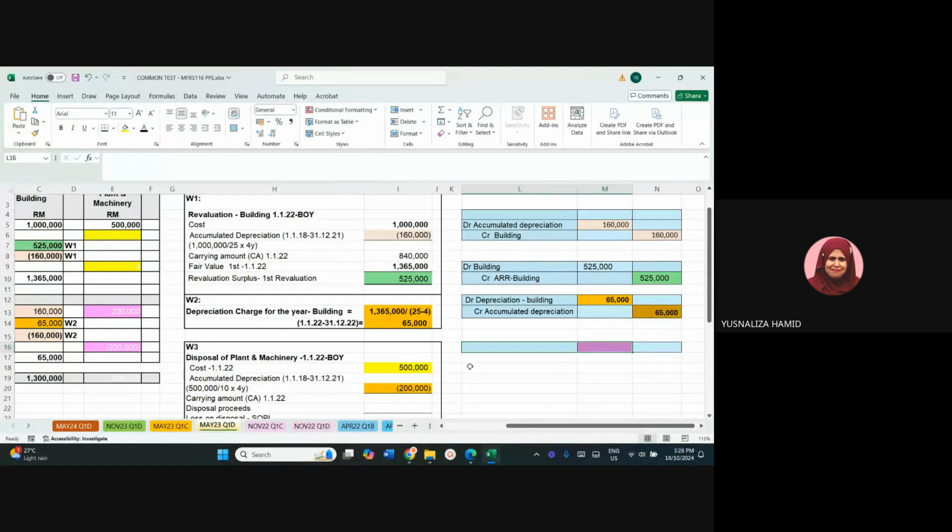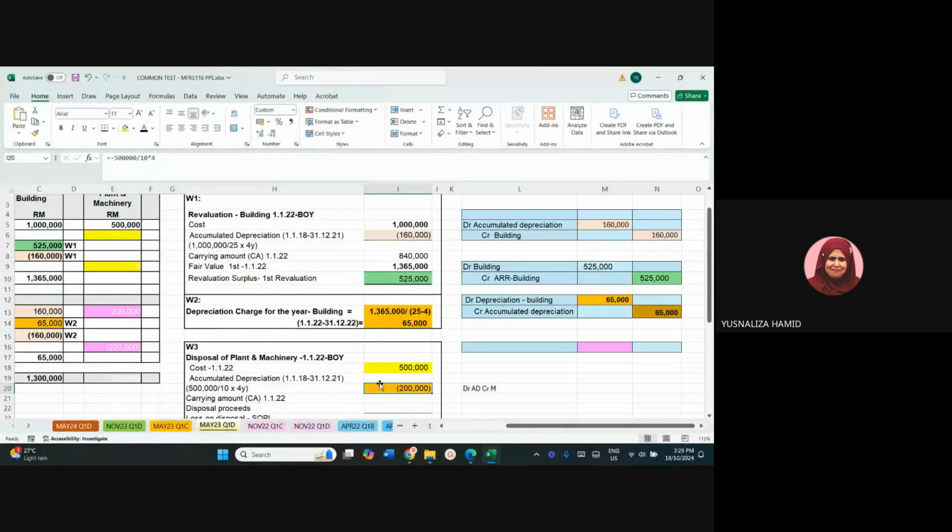So this 200,000 is the thing that you are going to repeat again, which is to go and debit. I do a simple one for that. Debit the first, you are going to go and debit accumulated depreciation because these are the amount at the beginning of the year, and credit the machinery. However, this 200,000 as well is the amount that you are calculating for the beginning of the year.